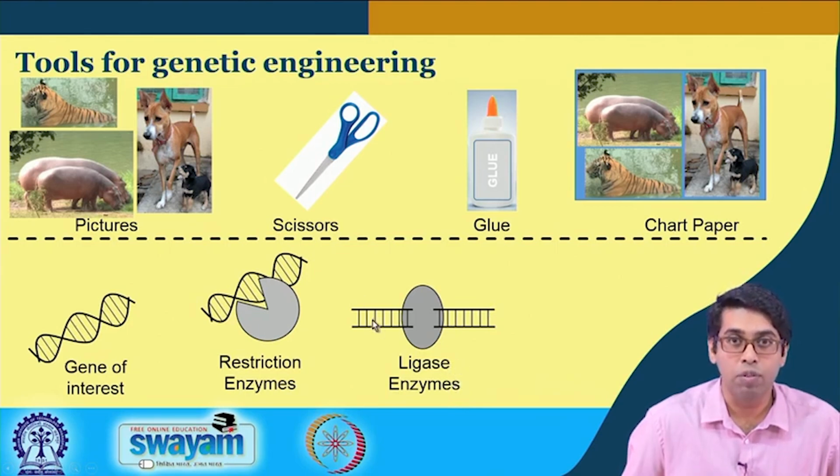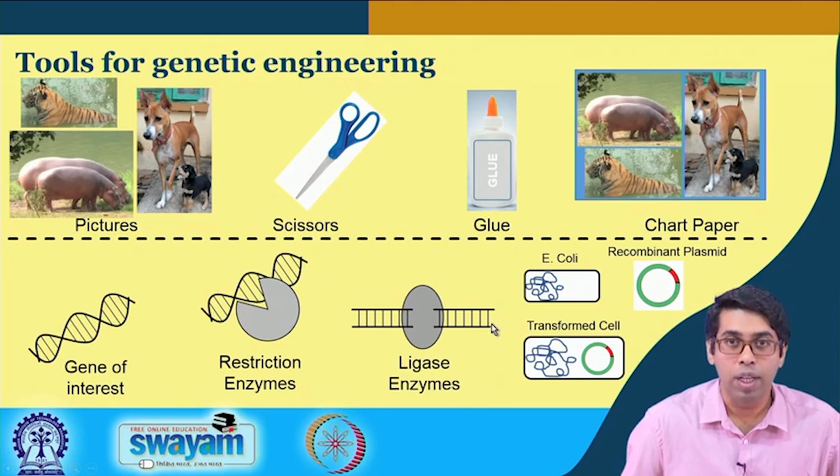Ligase will take one double stranded DNA and another double stranded DNA, and it will join them. It will join both the strands by forming a covalent linkage. It will fill in the phosphodiester bond between these two strands, so that you will have a complete DNA sequence with no breaks between them.